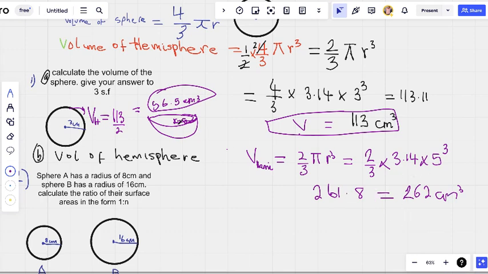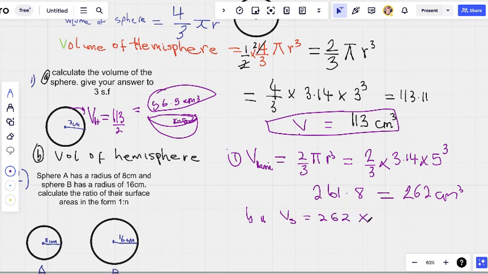If we are asked to calculate the volume of this sphere, for this one, let's say B Roman figure 2. Let's assume this one is B Roman figure 1. So B Roman figure 2 here, if you are asked to calculate the volume of the sphere that has 5 centimeters, so V sphere is equal to, we already have the volume of the hemisphere, so in order not to go through the rigorous multiplication or rigorous substitution, we just say 262 multiplied by 2.